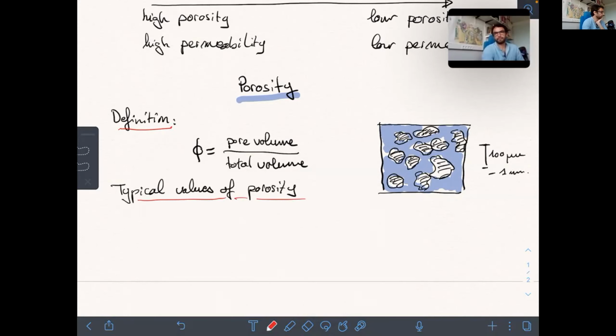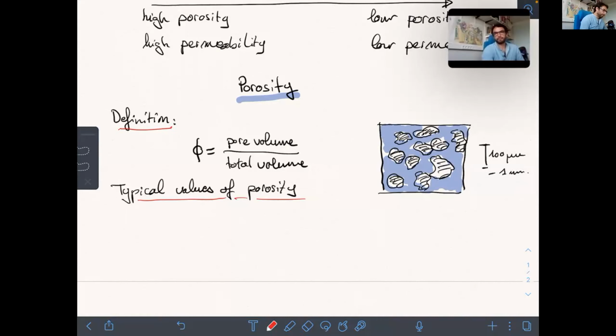Any other guess? 80%? Any other? So these two are a bit too high, so there is still a chance to win the guess, if you have a guess that is a bit lower than this. 40, yeah. 40 is a bit closer to the answer.